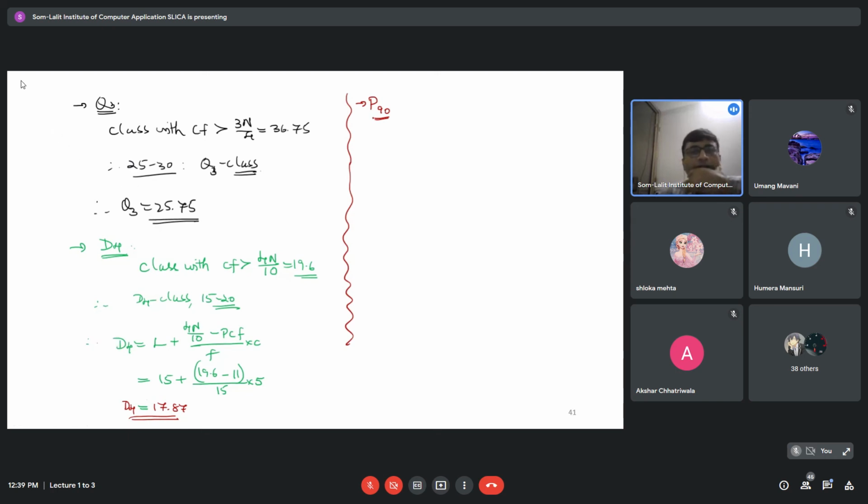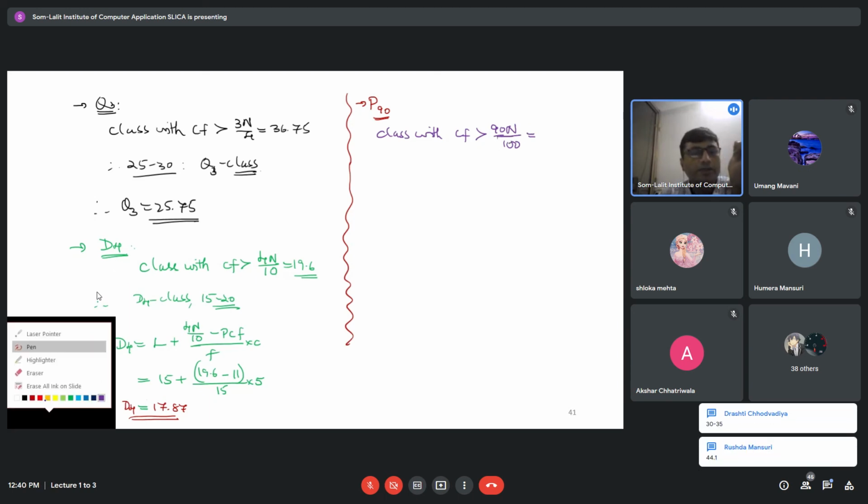So let's find that. So what we'll write here, class with CF just greater than, what I should write here, n by 100, you are finding percentile, and which number? 90th number. So we have this. What is this value? Let me know this and determine the final class. Which class is coming, update that.